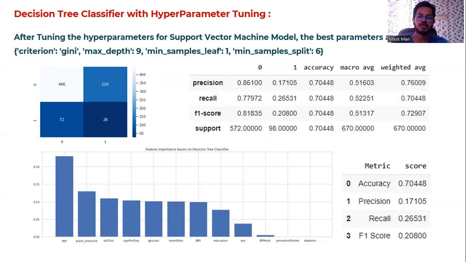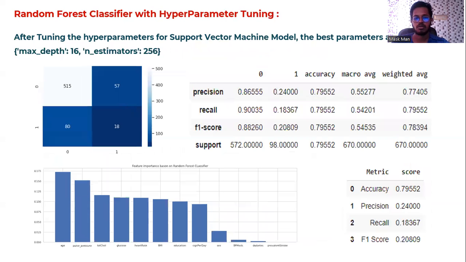It wrongly predicted 72 values that means who has a disease, but it shows doesn't have a disease, and 126 values which doesn't have a risk but it shows a risk. And here also you can see age is the most important feature for this model. And you can see the precision is 17% and recall is 26% and F1 score is 20%.